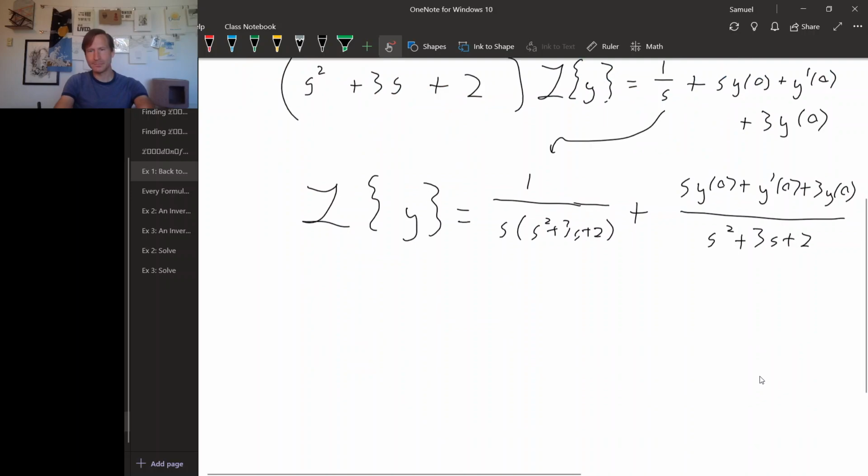All right. So we have this equation that tells us what the Laplace transform of y is.